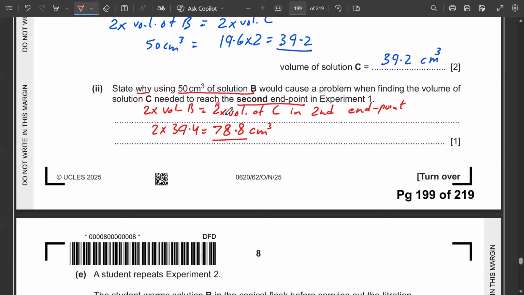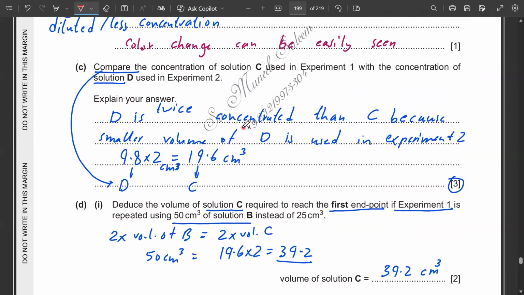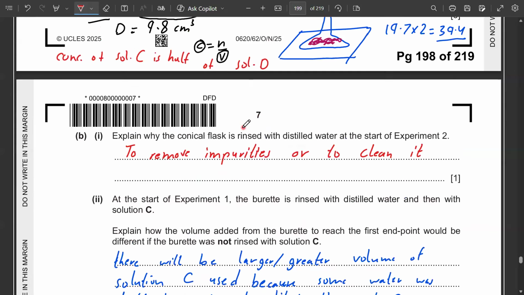Why would this value cause a problem when finding the volume? Now, if you remember, we are finding the value of solution C, and solution C was used in the Burette.